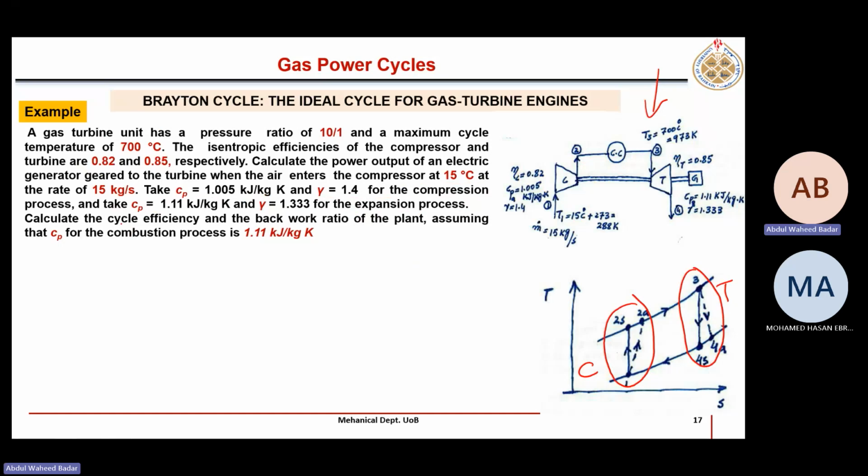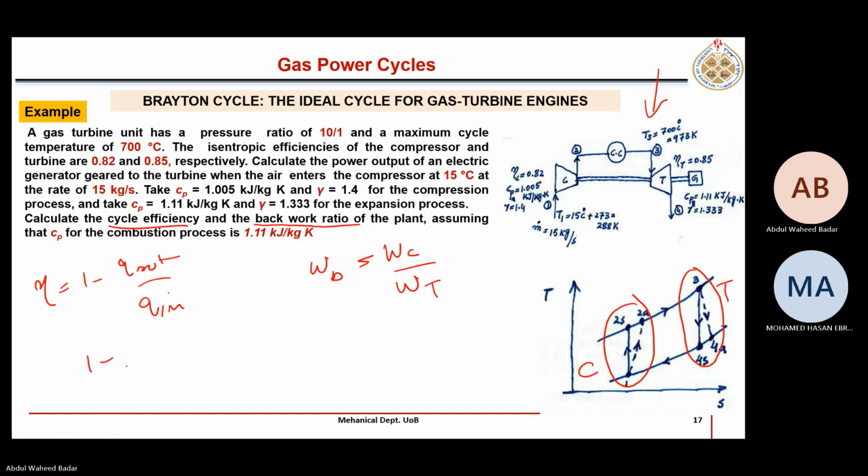We have to find the cycle efficiency and the back work ratio of that plant. Cycle efficiency means 1 minus Q out over Q in, and back work ratio is work of compressor divided by work of turbine.